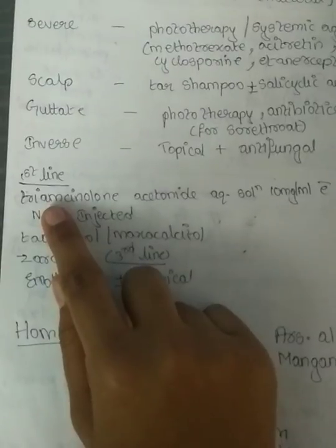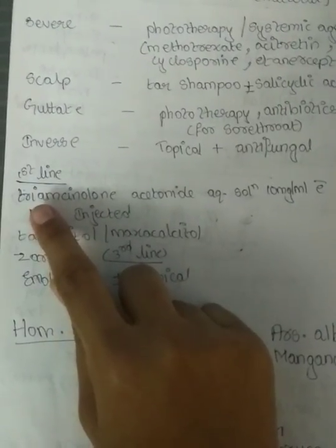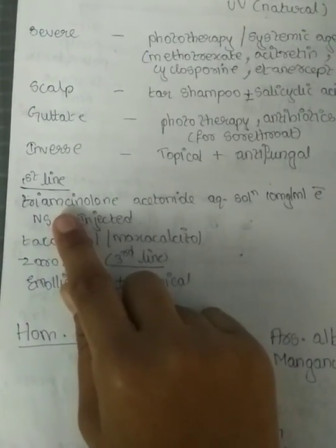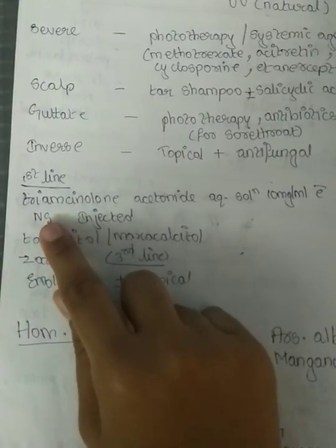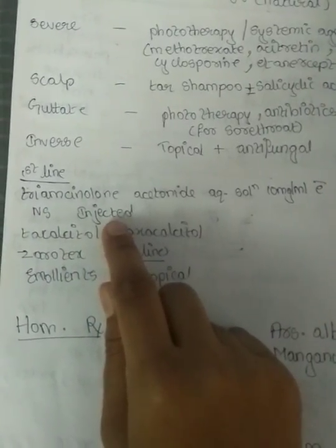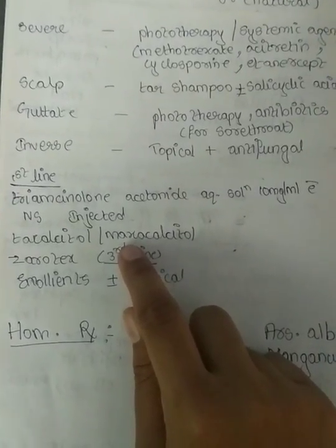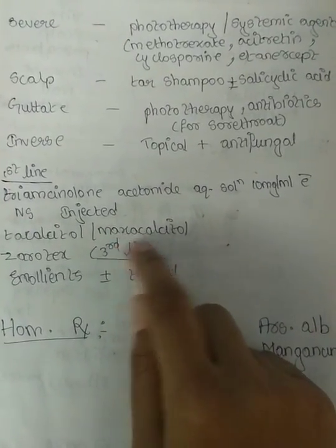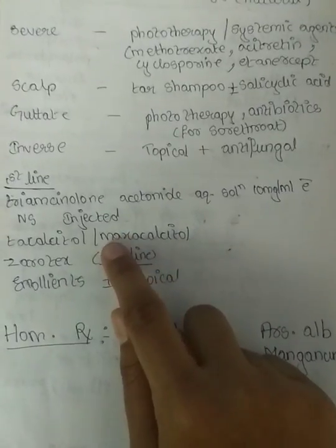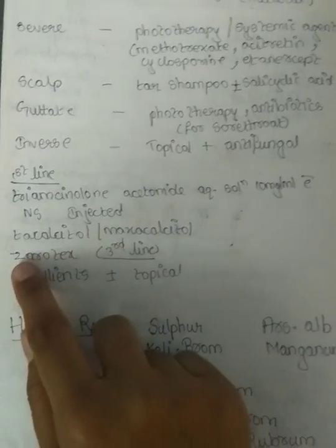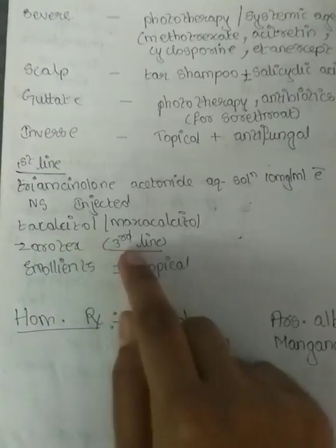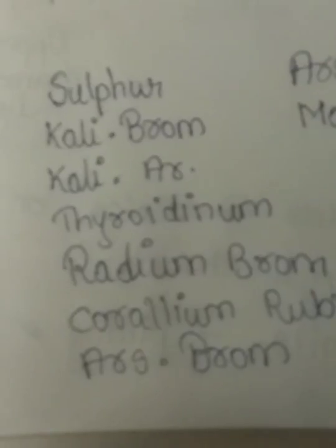For first line treatment, there is triamcinolone acetonide solution, which should be mixed with normal saline and injected. Then I said calcitriol, so its derivatives, maxacalcitol and tacalcitol, are third line.